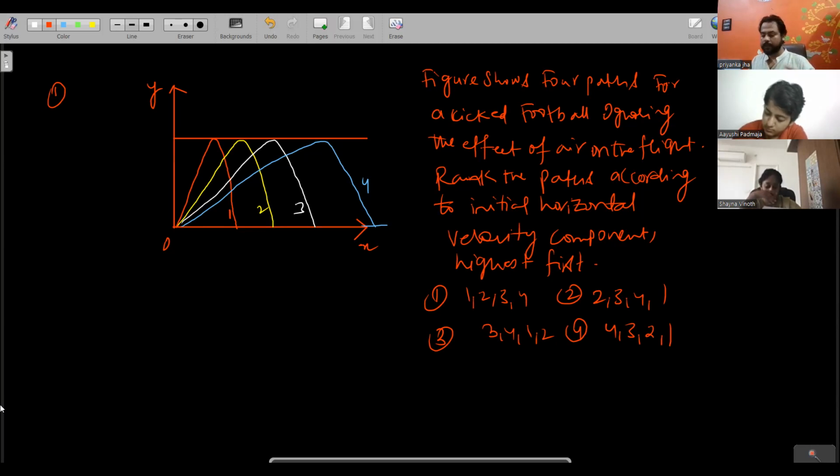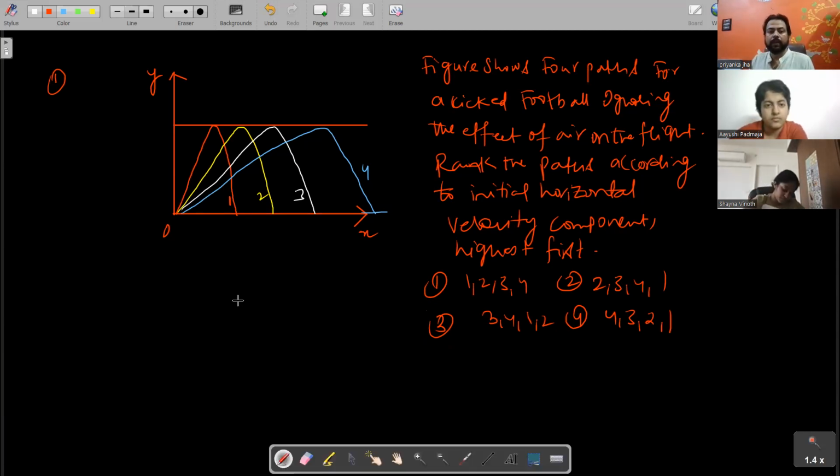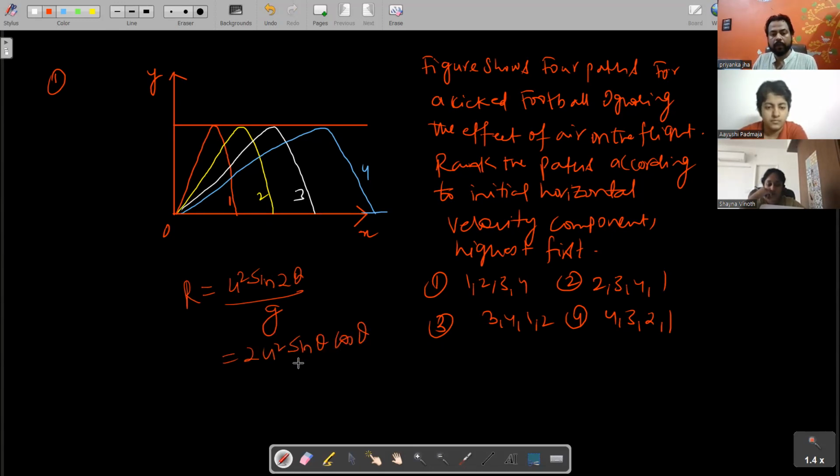How? See, Shaina. What is the value of range? R equals U square sin 2 theta upon g. So you write this as 2 U square sin theta into cos theta upon g. Take one U with sin and one U with cos.